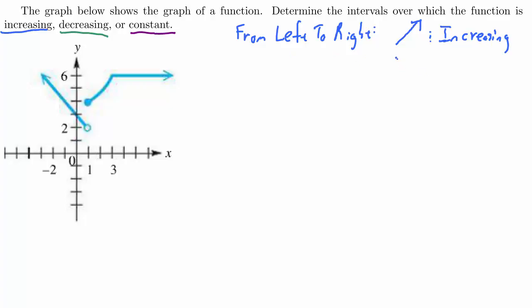If we're going down from left to right, notice I'm going down towards the right. That means that we are decreasing. And if we're actually flat, neither increasing nor decreasing, that of course would be constant.